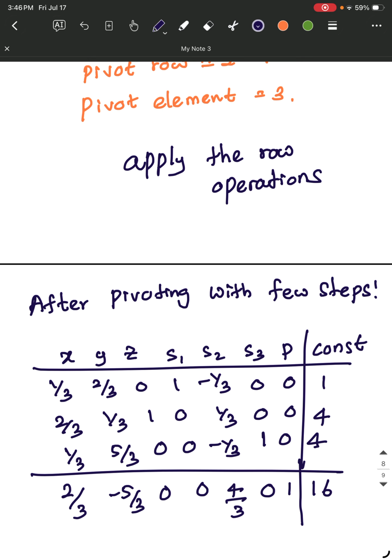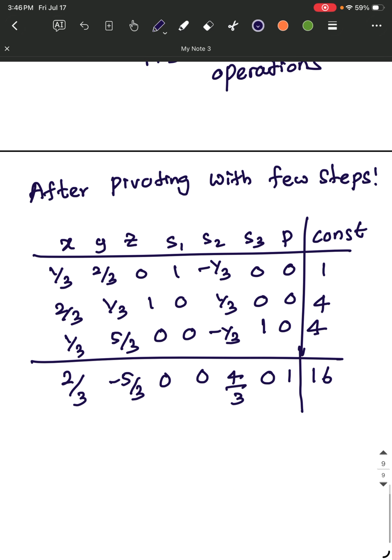Now check the bottom row again. So there is still one negative entry, negative 5 over 3. So we are not finished. Right.